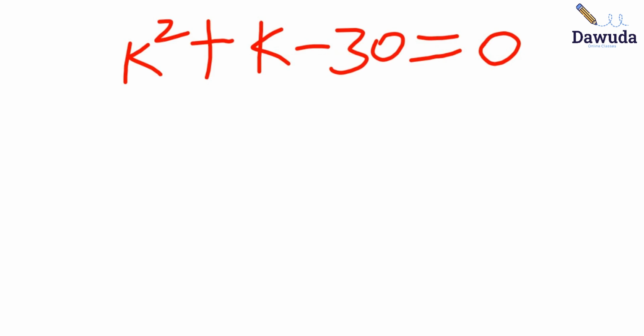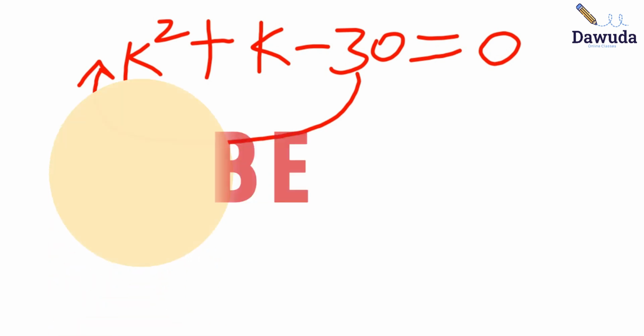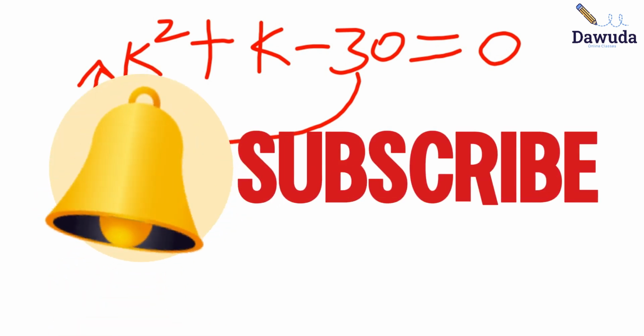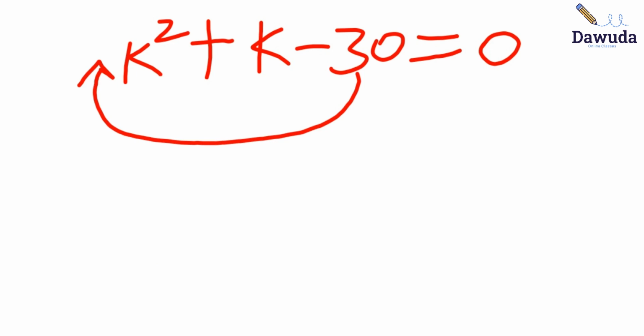The coefficient of k squared is 1, since there's no number attached to the k squared. So you take 30 times 1. That will give you 30.